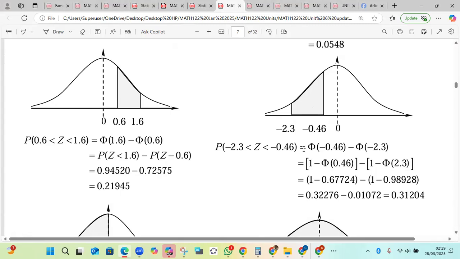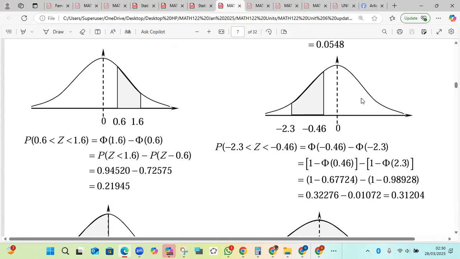Now, how do we find phi of negative 0.46, which is a tail? We find phi of 0.46, that's 0.46 all the way down. That's a big chunk. And we subtract it from 1, that will give us the right tail, which of course is equal to the left tail of negative 0.46. And another tail again, negative 2.3.